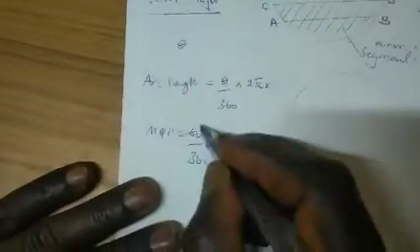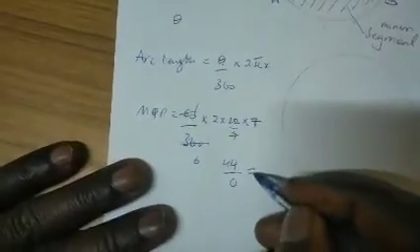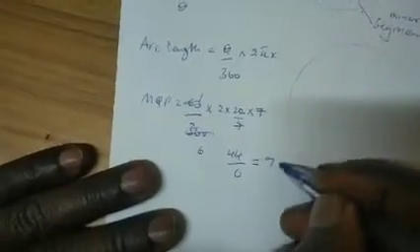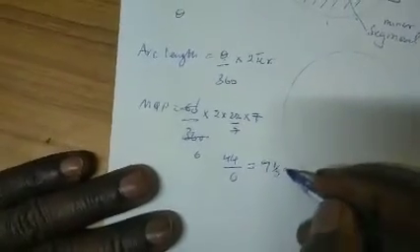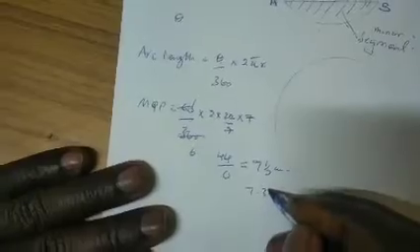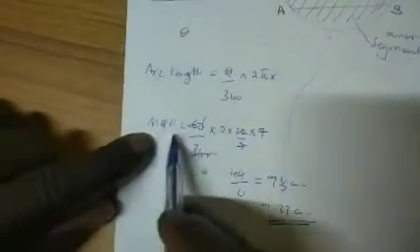So that cancelled, that is 1, that is 6. So we have 44 over 6, which gives us 7 and a third. So that is 7 and a third centimeters, so 7.33 recurring centimeters. So that will be the length MQP.